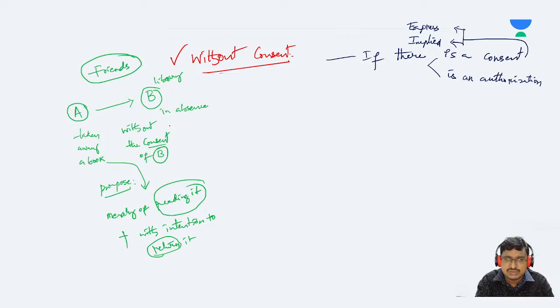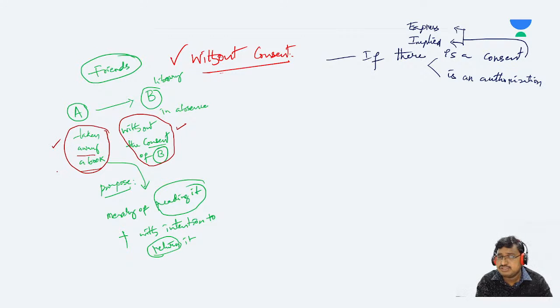Even though the ingredient of without consent is present, and he has taken away the property, there is a movement of movable property, so the second ingredient is also present, but there is no dishonest intention, friends.